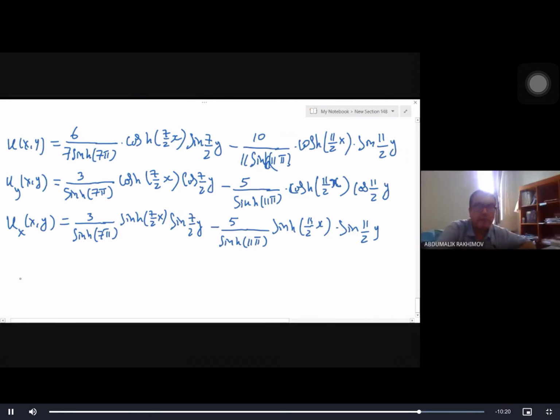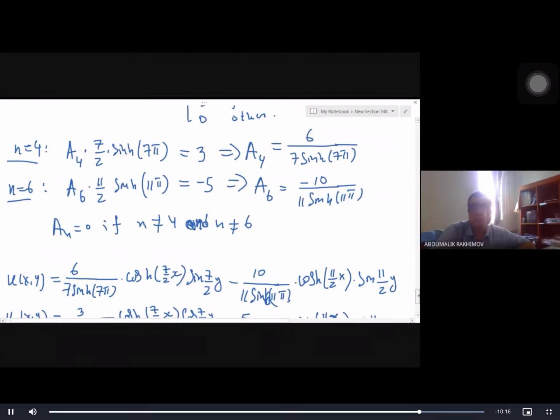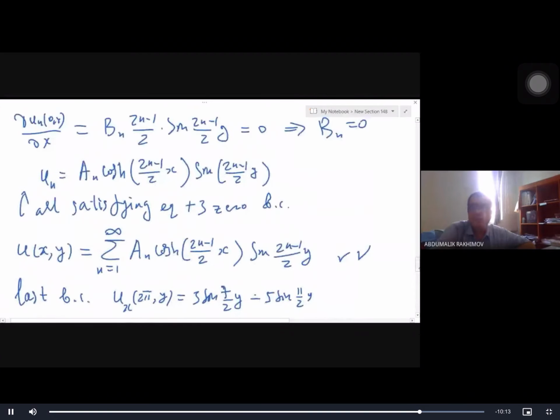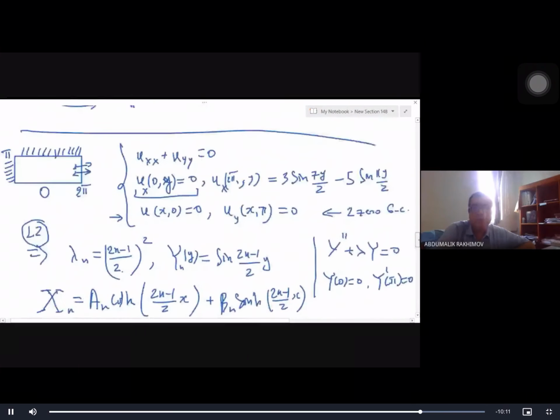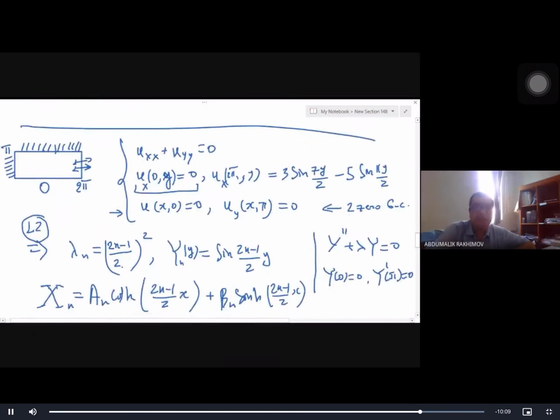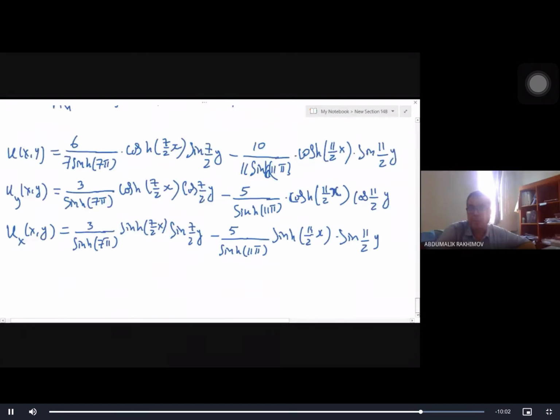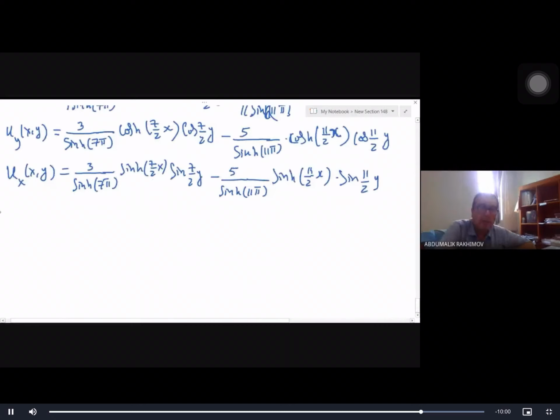So first of all, I will check all 4 now. We can start from this line, it doesn't matter. u_x(0,y) must be 0. So what will u_x(0,y) be? It will be 0 because sine hyperbolic 0 is 0, you see?